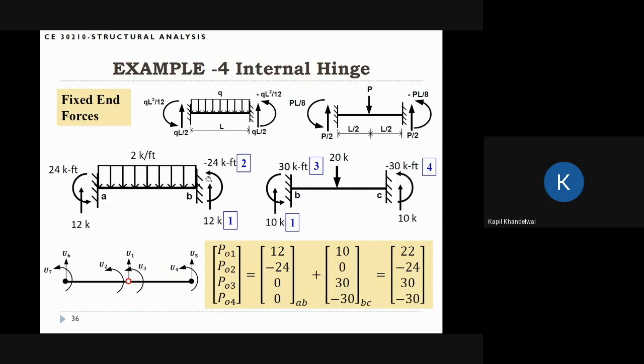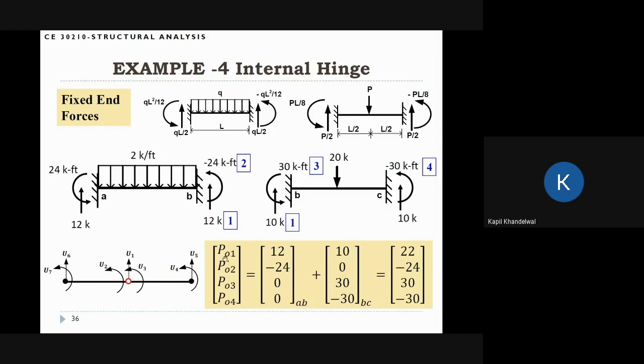So at the end B, if you look at the left side, this goes to the second degree of freedom. On the right side, this goes to the third degree of freedom. So these two moments go to 2 different degrees of freedom, and the moment here goes to the 4th degree of freedom. So these are the assignments, and we just add them together to find the total force.